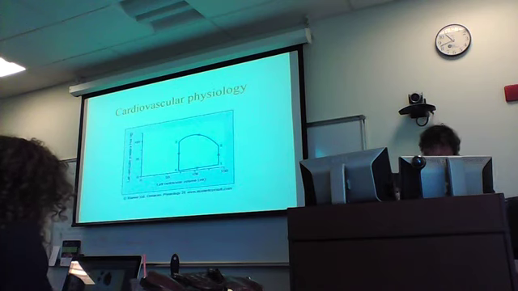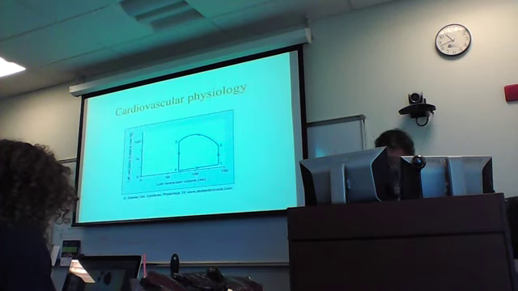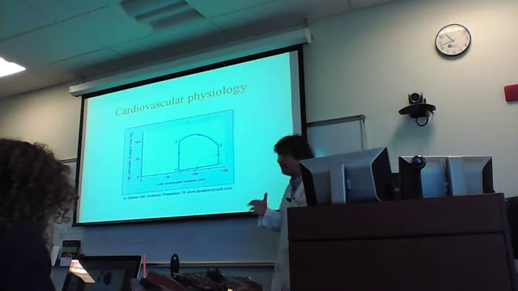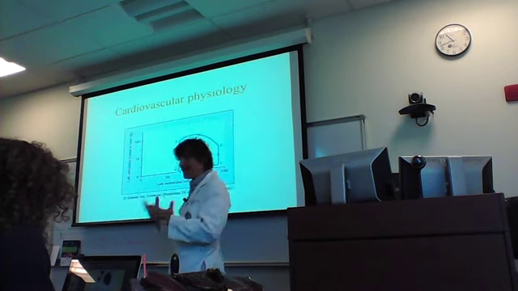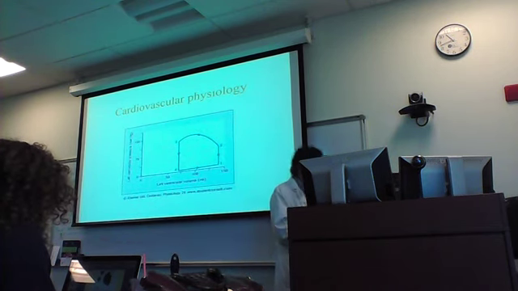And then finally, the third determinant of S2 intensity is the rate of pressure rise in the ventricles. As the pressure rises faster, the intensity of S2 is going to be increased.